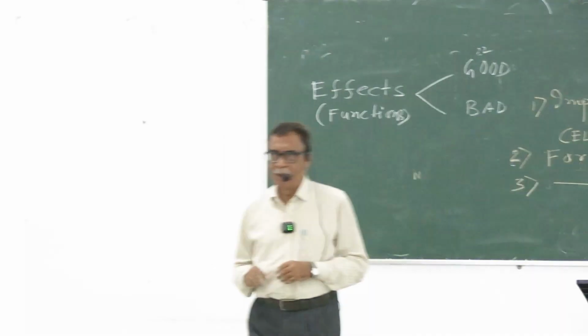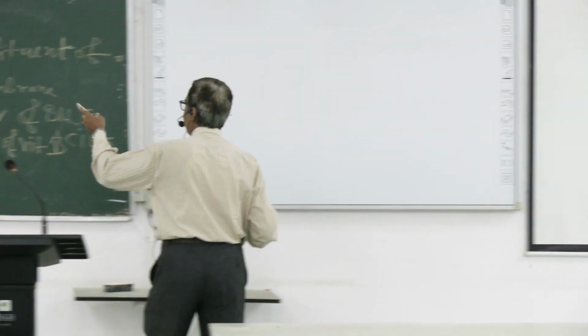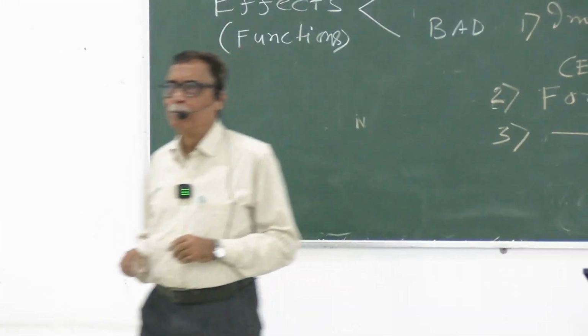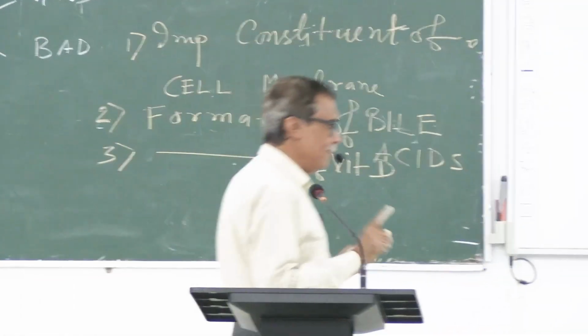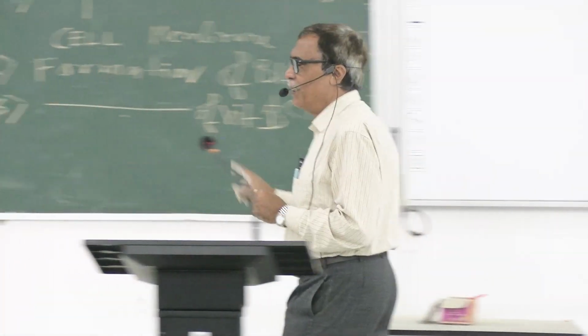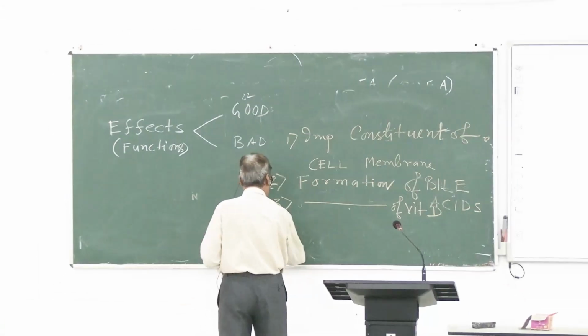It is a steroid molecule, that means a steroid ring is present, and it is synthesized in our body from the cholesterol. Vitamin D is the only vitamin which is synthesized in our body from the cholesterol. So it is a necessary thing. Not that it is bad.